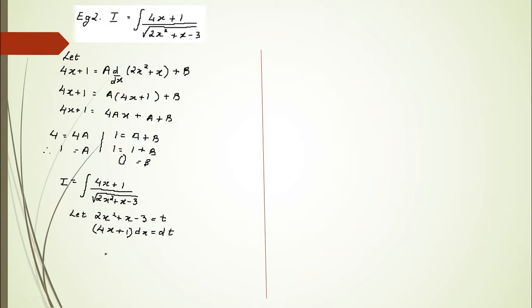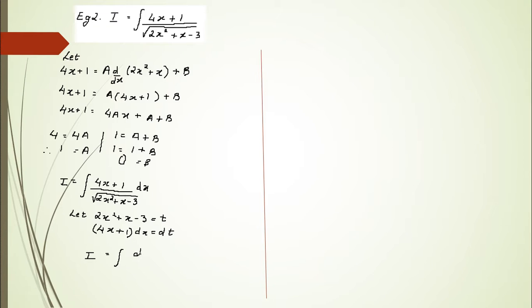Therefore I can write I is equal to integral, now 4x plus 1 dx is dt.